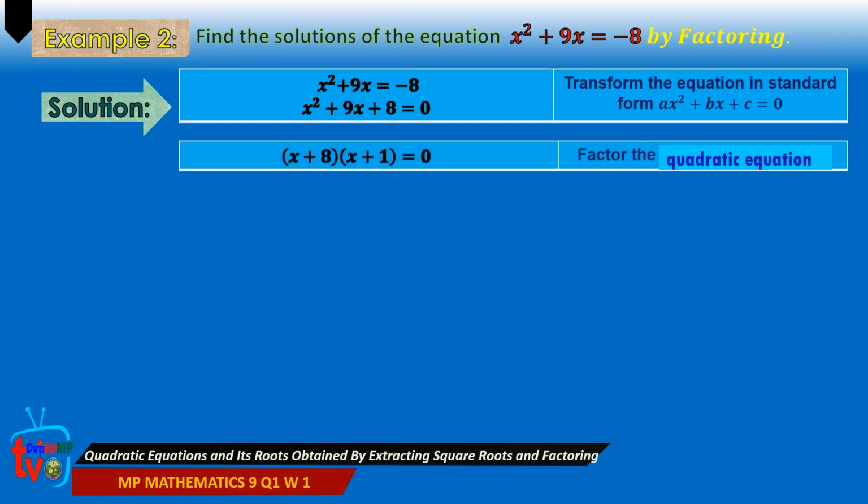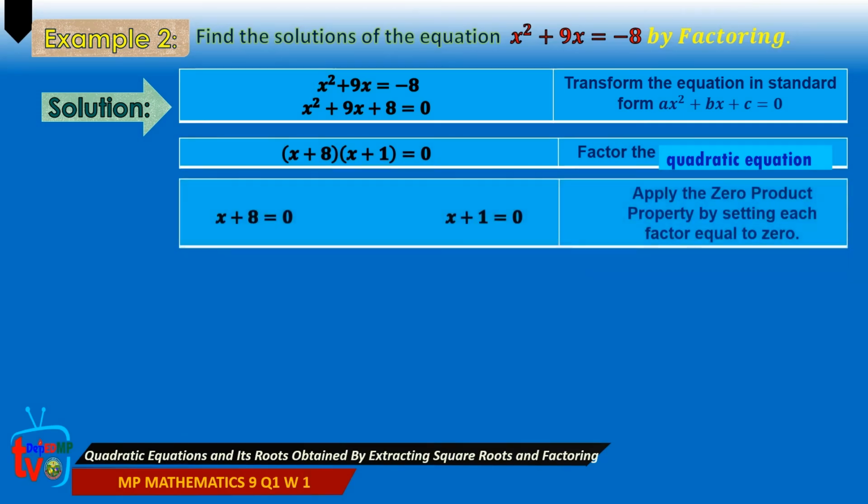And the factors would be x plus 8, the quantity x plus 1, and we are going to equate that to 0. So we have x plus 8, the quantity x plus 1 is equal to 0. Again, we apply the zero product property by setting each factor equal to 0. So the first factor is x plus 8 equals 0.